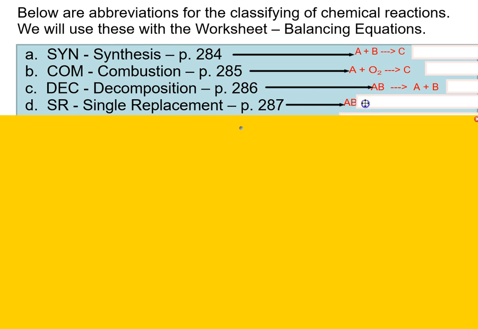Single replacement. That's a hot reaction. When I finally get around to doing that thermite reaction that I've been promising you for the last 3 weeks, you're going to see a really hot reaction, because single replacement is really, really hot. In the case of thermite, it's going to be rust, and the C is going to be aluminum.